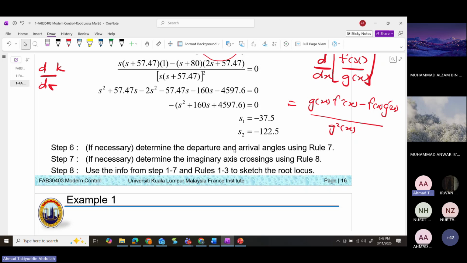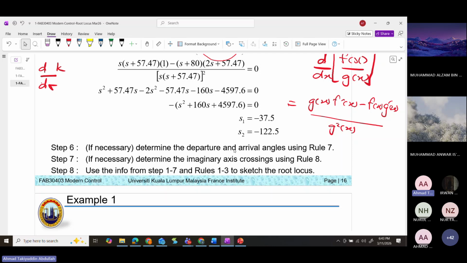We can know about its existence by referring to the behavior at infinity. So from the behavior at infinity for the system that we are considering, we will know whether there will be imaginary axis crossing for the plot or not.